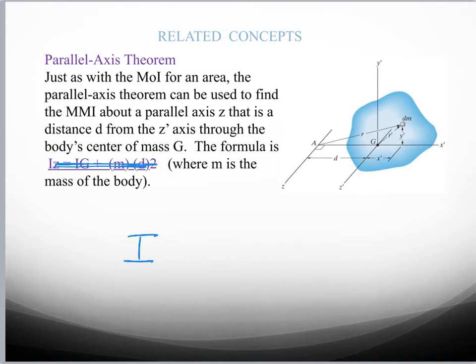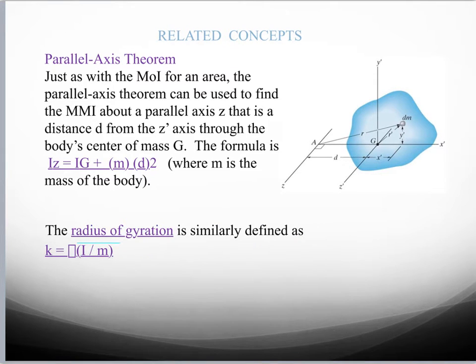The moment of inertia about a particular axis would be given by the moment of inertia where the axis passes through the center of mass of the object plus the mass of the object times the distance squared, where distance is the distance that we've moved the axis from its original location when it passed through the object's center of mass. This should look really familiar because it's basically the same as the parallel axis theorem we saw before, but it's just talking about mass instead of area.